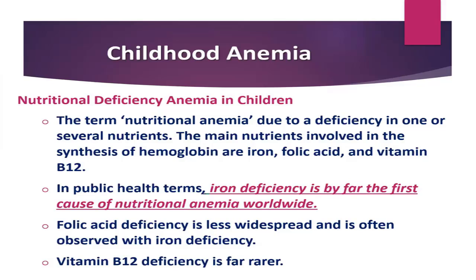Iron deficiency anemia in public health terms is by far the first cause of nutritional anemia worldwide, responsible for 30% of causes of anemia in children globally. While folic acid deficiency is less widespread and often associated with iron deficiency or occurs in patients with hemolytic anemia, vitamin B12 deficiency is more rare.